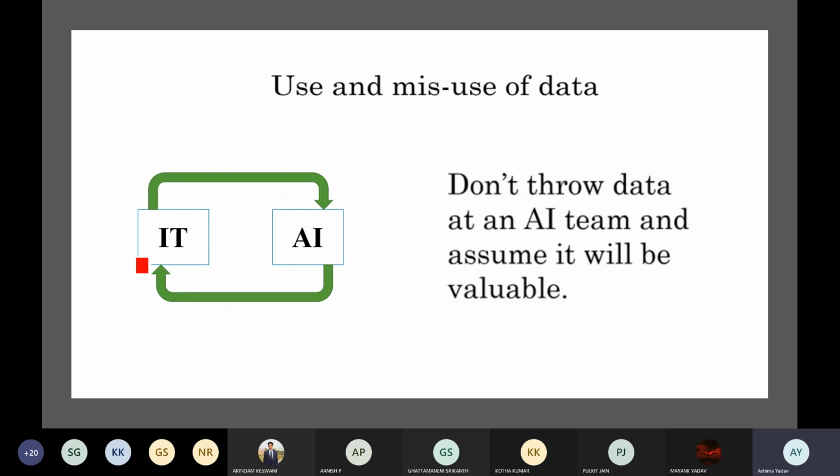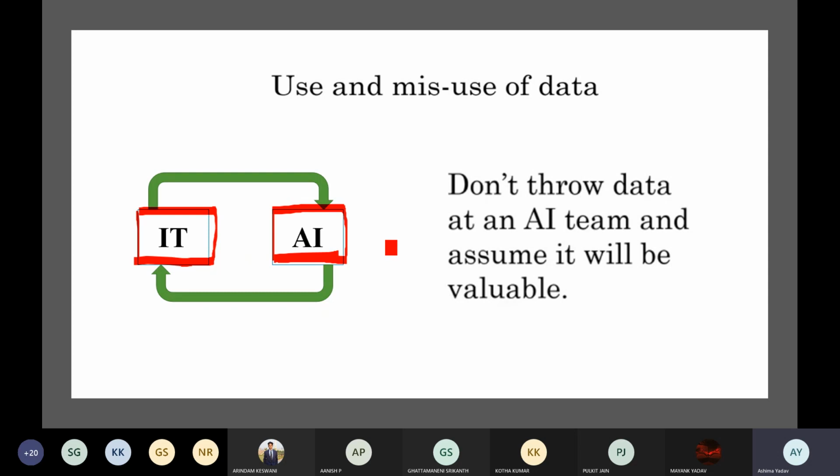Let's say I have IT people and AI people in an organization, working on a project. Usually what we do is use IT people to collect the data set and label the data set, and the AI people then process this data set and work on it.